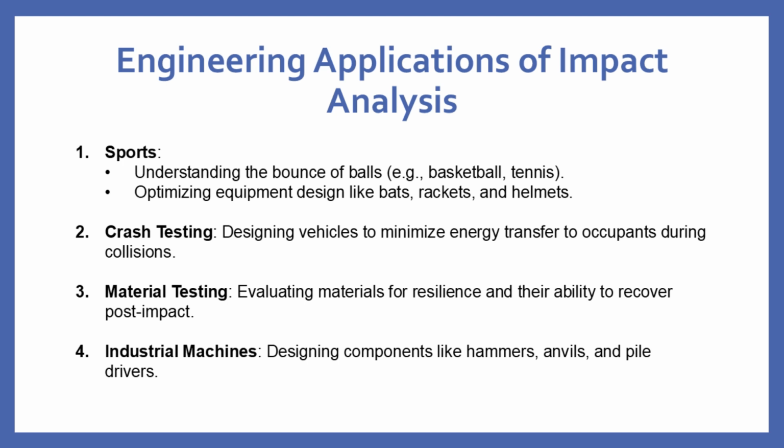Material testing assesses resilience, helping choose the best materials for construction and manufacturing. In industrial machines, impact analysis ensures the efficiency and durability of equipment like hammers and pile drivers. These applications highlight the importance of impact analysis in designing safer, more efficient, and resilient products across engineering disciplines.